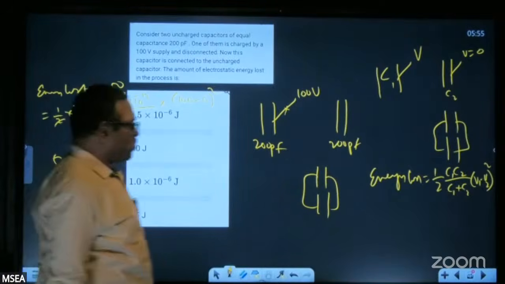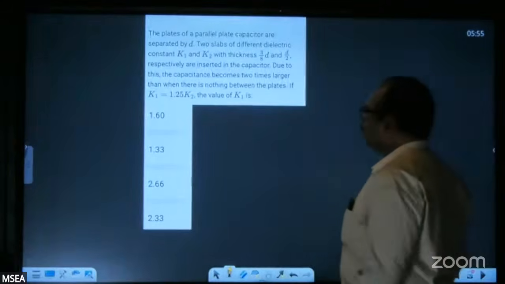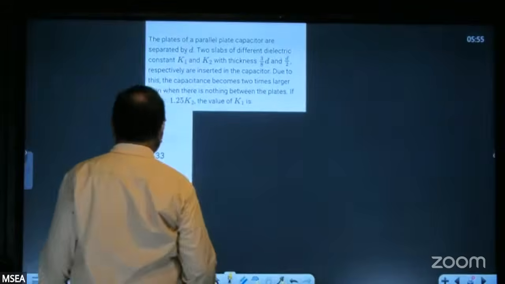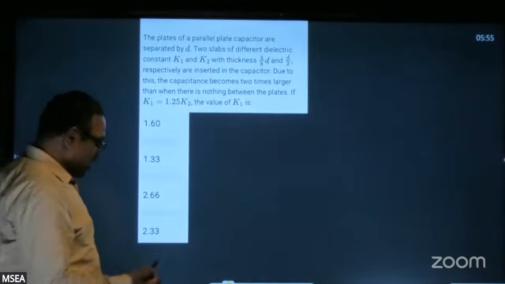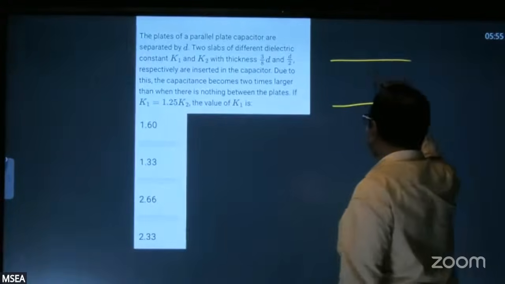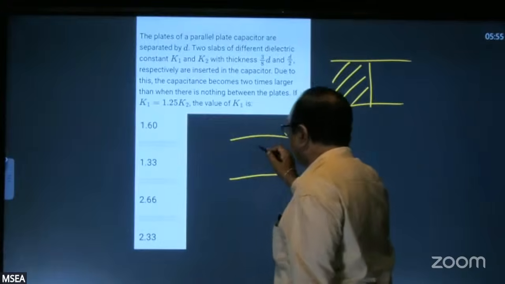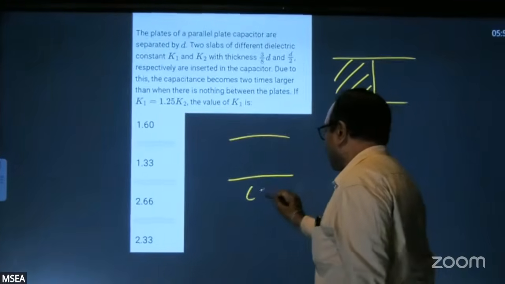Right, we go to the next question. If two parallel plates are connected this way, first of all, if there is no dielectric, what is the capacity?